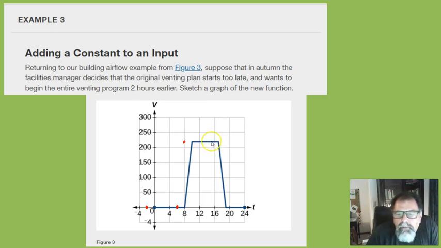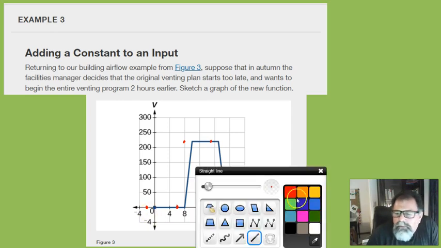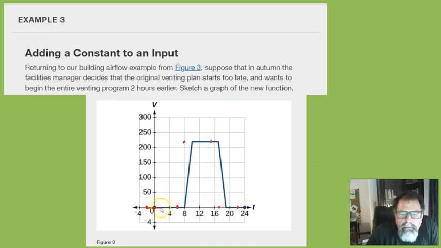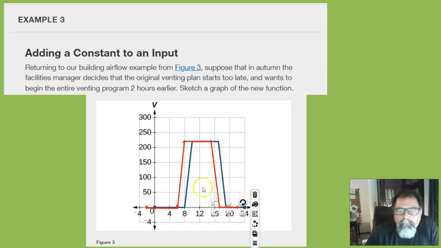So this is probably going to go right about there. This one 2 units right about there. And there. And then we're going to connect those dots. So still in red. Okay, so that's our new graph.